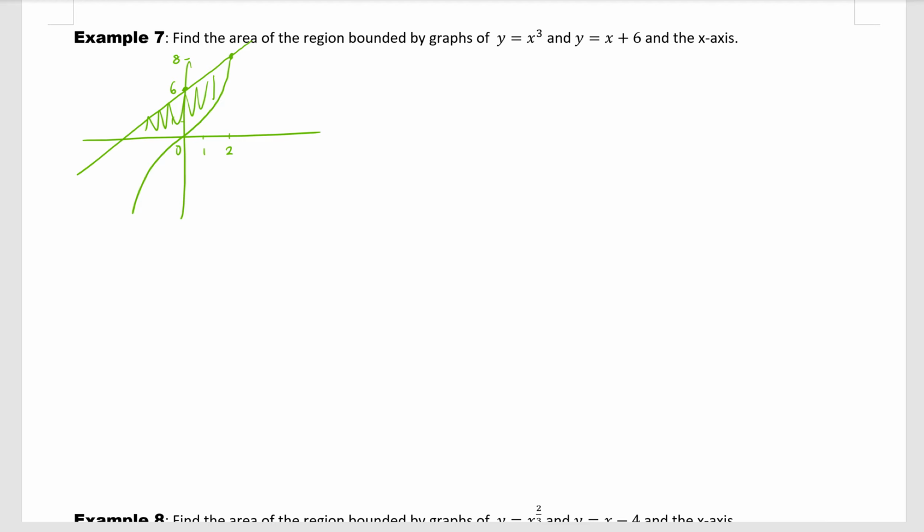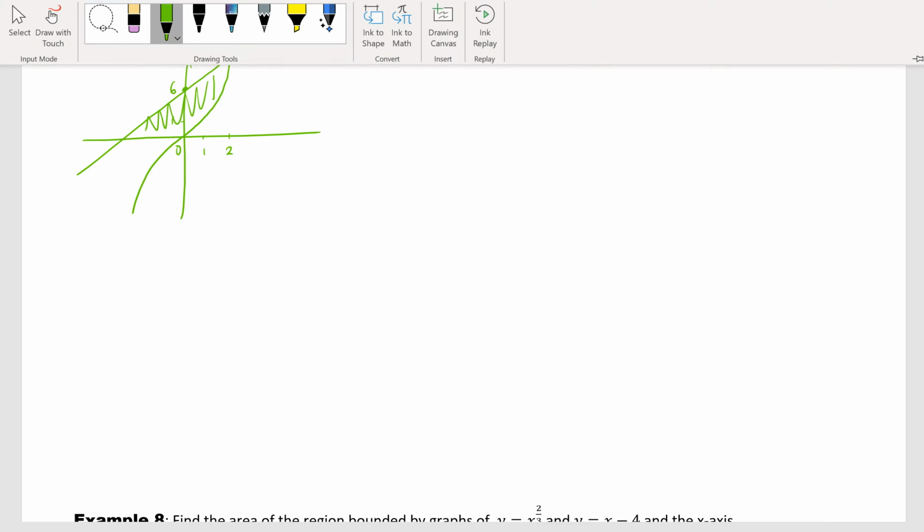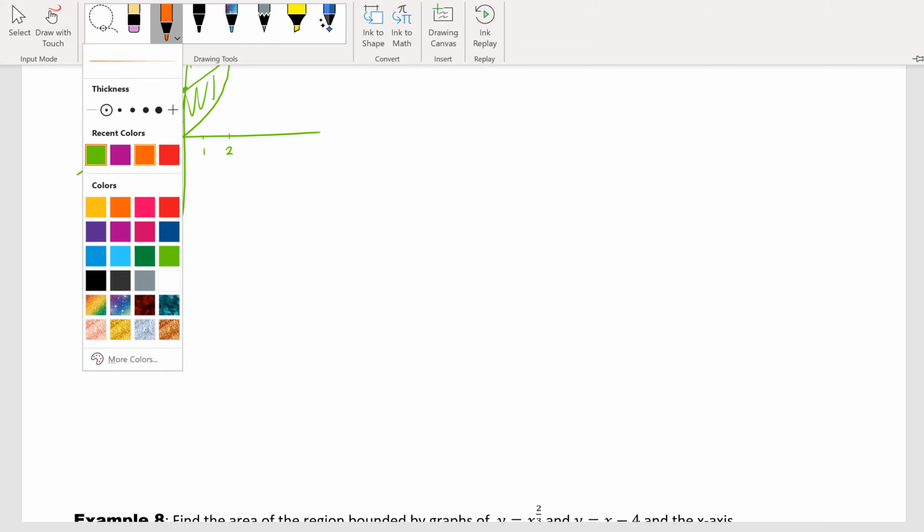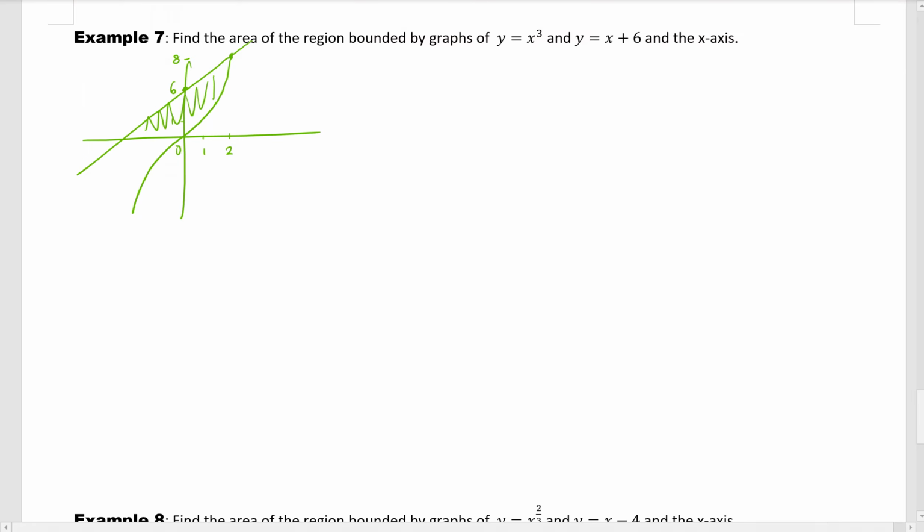Okay, so if we want to calculate the area, we have to be careful because of this region. By the way, when y equals 0, x is minus 6, right? You see this orange region is a triangle.